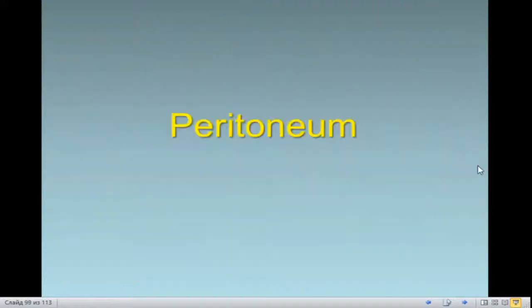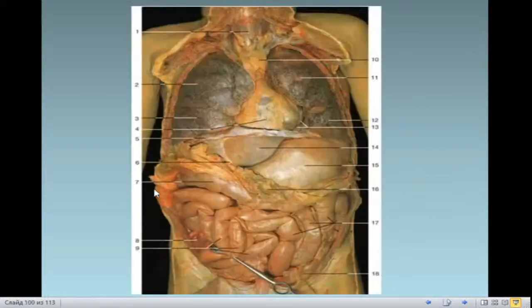And the last thing which I have to mention today is the peritoneum. The peritoneum is a serous coating inside the abdominal cavity. Actually, we have three serous coatings in the thoracic cavity. They are two pleurae for the lungs and one isolated for the pericardium.